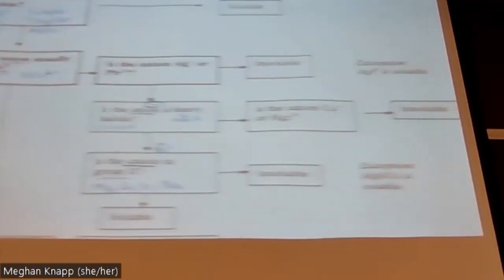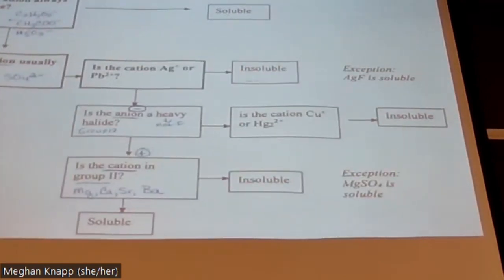Can you not see it? There we go. Beryllium is super, super rare, and it just does not behave the way it's supposed to, so we won't deal with beryllium. These are the ones we'd be thinking about: magnesium, calcium, strontium, barium. Those are group 2 ones. If I have a sulfate and it is barium sulfate, then I would go, okay, it is a sulfate.